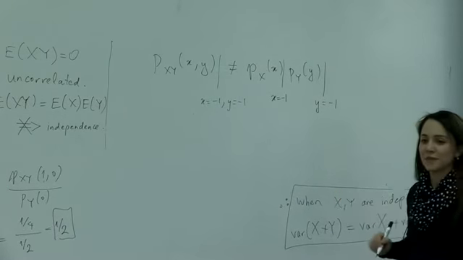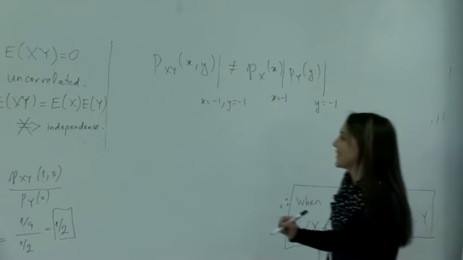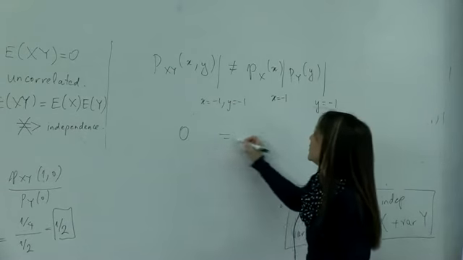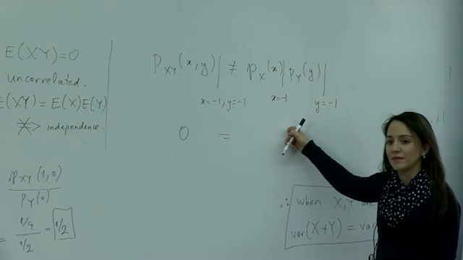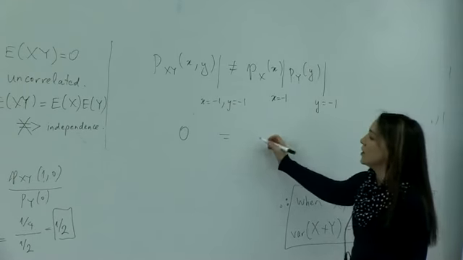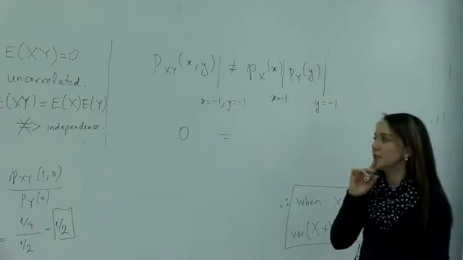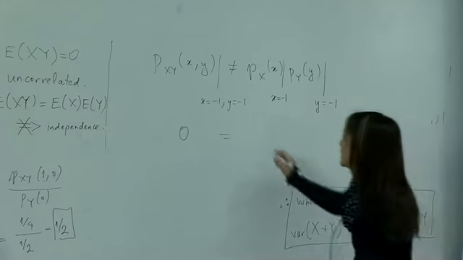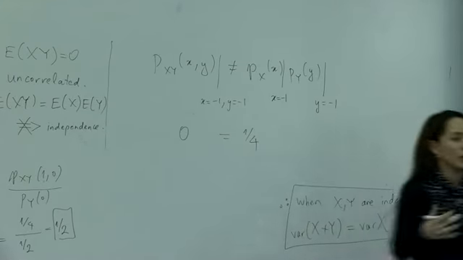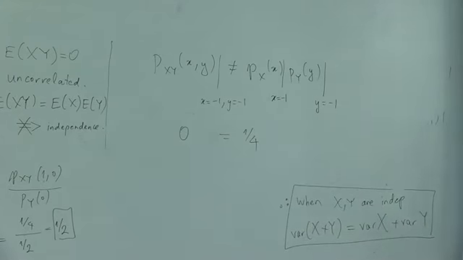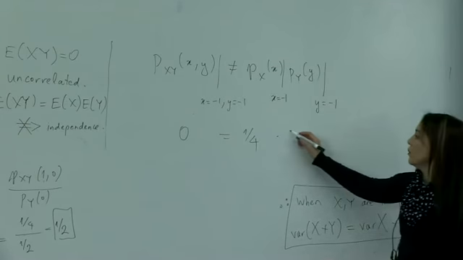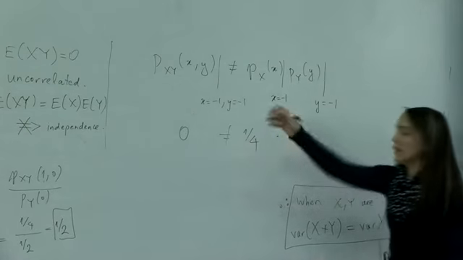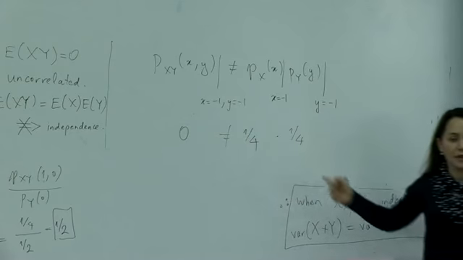What is the probability? What is Px of -1? Px of -1, let's see. 1/4, yes. Because there's only one point where that happens. What is Py of -1? 1/4. The left-hand side is different from the right-hand side.